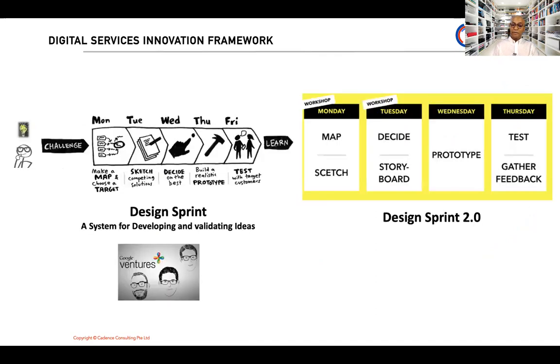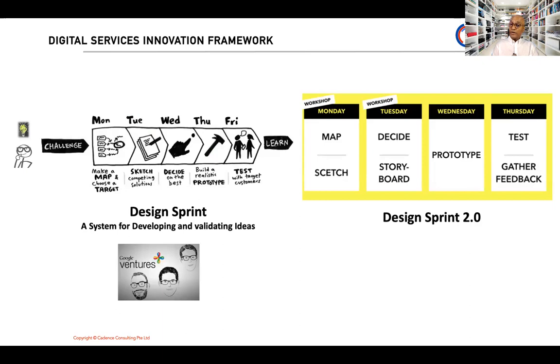You start by bringing your idea for creation or improving a digital service to a process called the design sprint. This is a system for developing and validating ideas based on the design thinking philosophy. It was developed by Jake Knapp and team at Google Ventures and has widespread adoption across every industry and size of company.